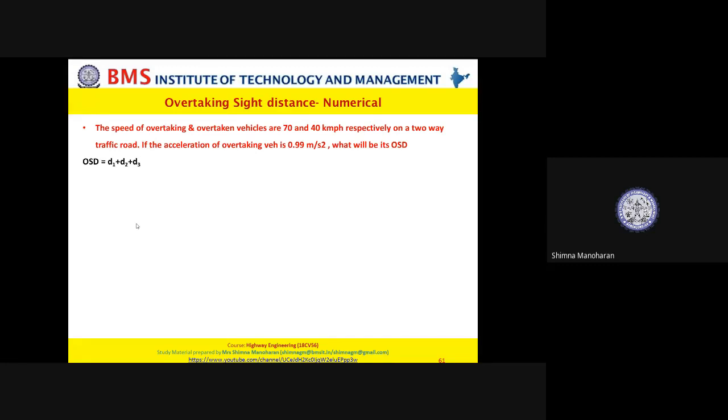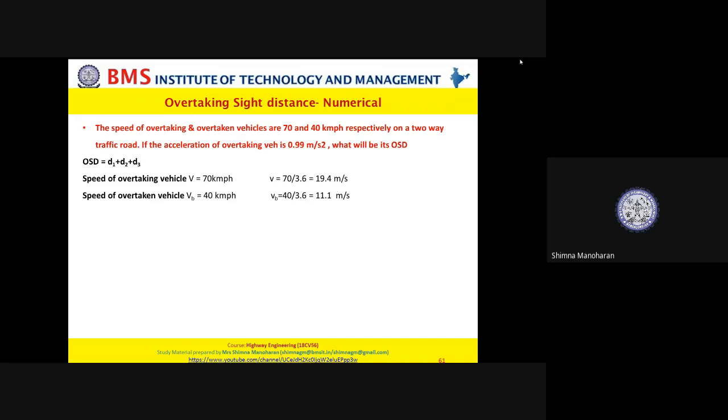How will you convert kmph to meter per second? 11.11. 11.1. Okay, good. So next you have to compute OSD.